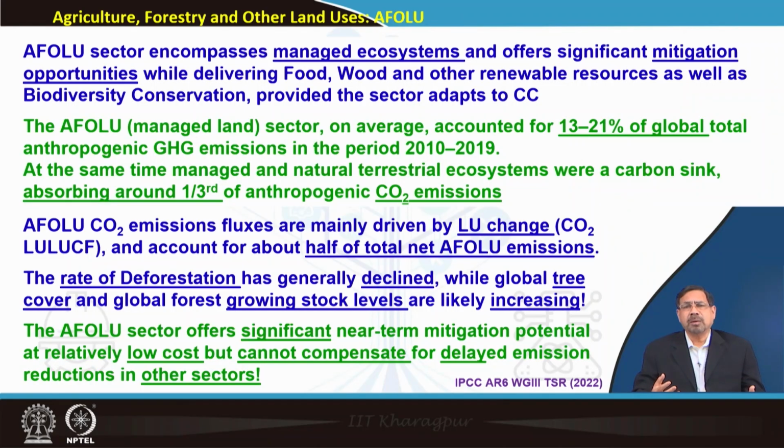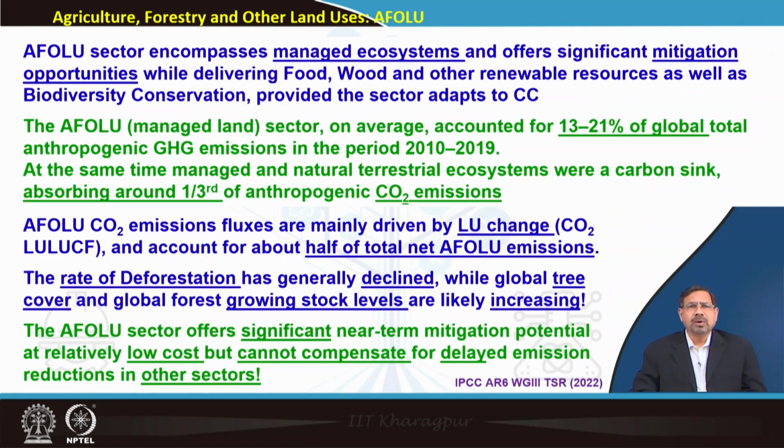If we manage it properly, then now if it is contributing 13 to 21%, it has the potential to contribute up to 1/3, that means up to 33%. So, here we have an opportunity to manage it well, thereby contributing towards climate change mitigation.